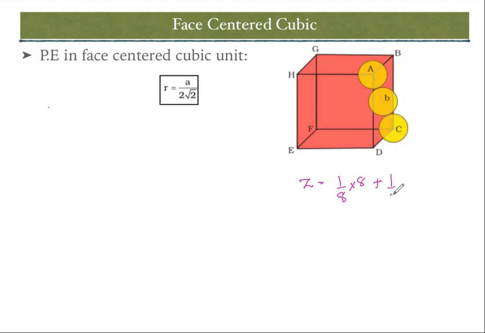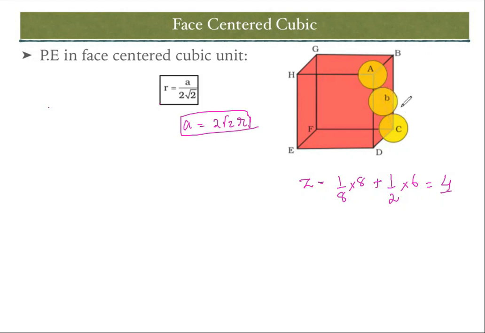And 1/2 is the contribution at each face, into a total of 6 faces. So the total number of atoms is 4. And the relation between the radius of the atom and the edge length is a = 2√2 r. Now let us derive this formula.